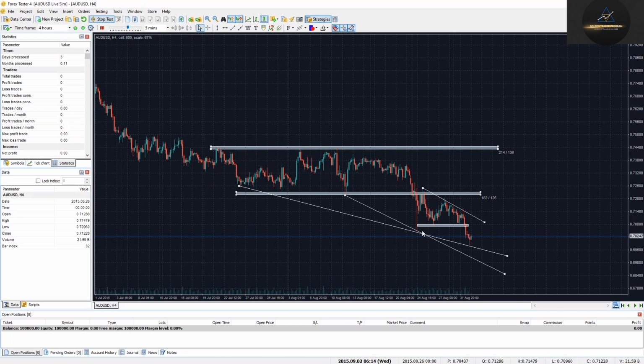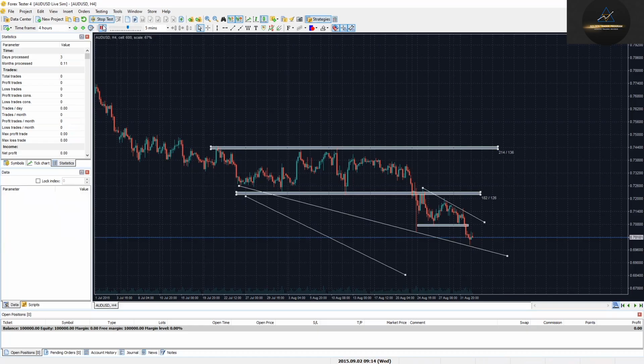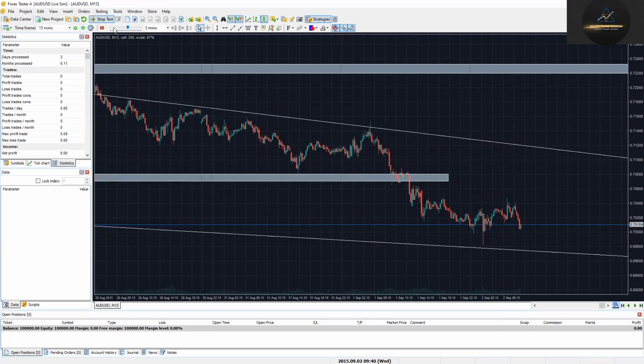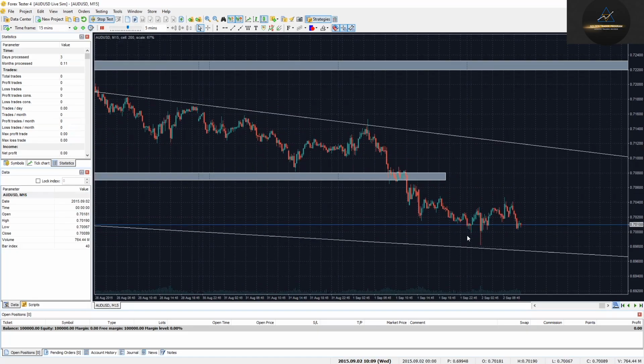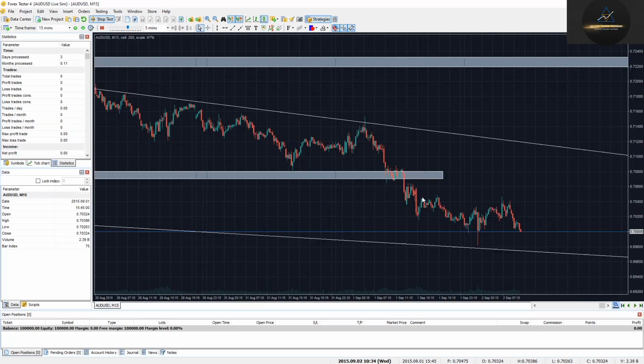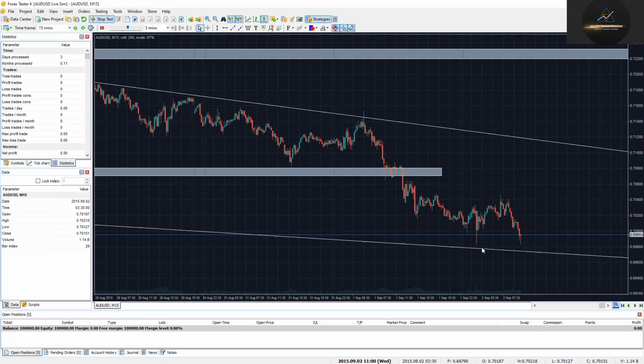Okay, so we're getting a reaction from this. Let's get rid of that. Can you guys see that reaction here from this third tap? It's quite interesting. So if we go over to the lower time frames, price seems to be moving. We might get a counter trend trade.